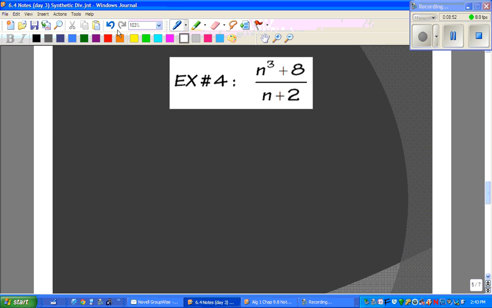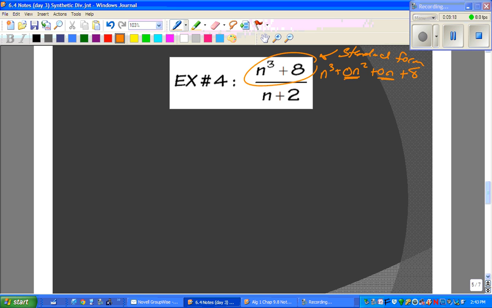Number 4. Now, when you're doing this, remember that this needs to be in standard form. So that means n cubed plus 0n squared plus 0n plus 8. Even though they're missing in division, they need to have a place.